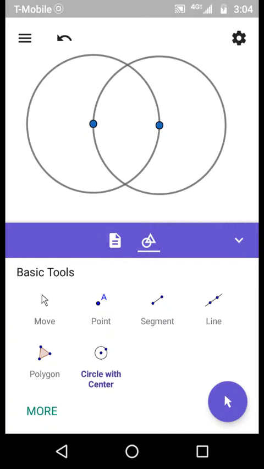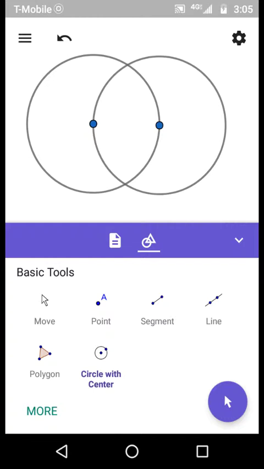So the other part of the circle is the large curved line, which is its circumference, and its circumference can be thought of as an endless continuum of points, which are all equally distant from the center. So you take a circle, and then you construct another circle of exactly the same size by simply leaving the compass setting unchanged.